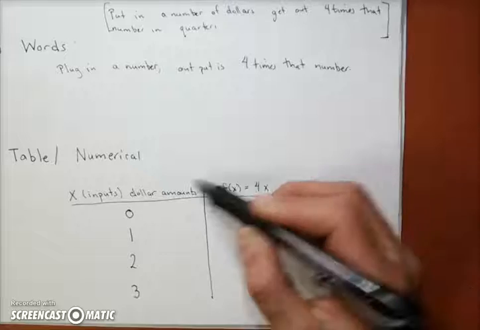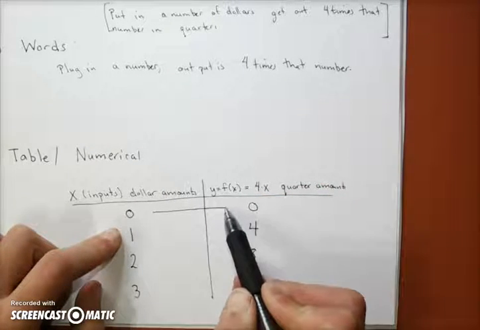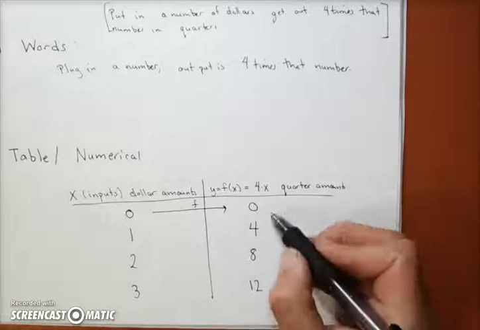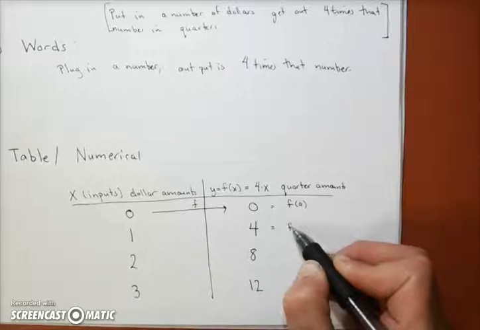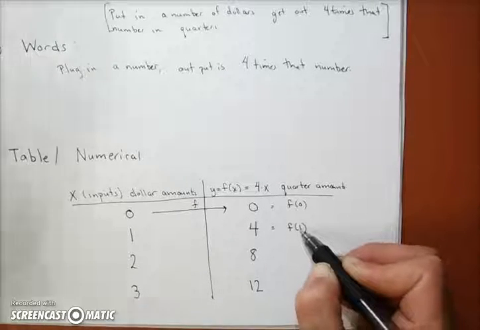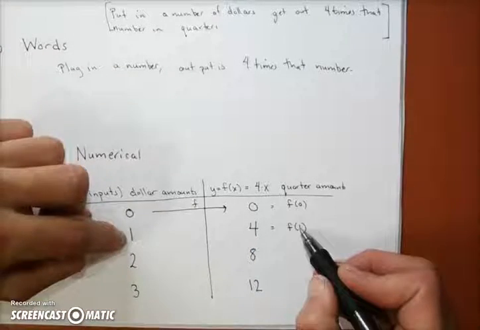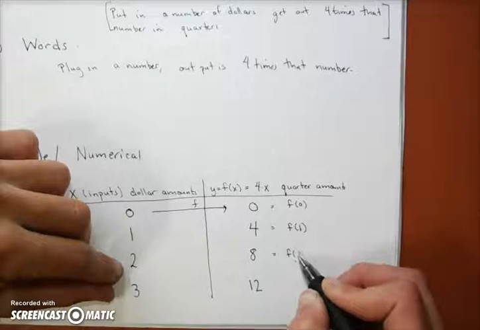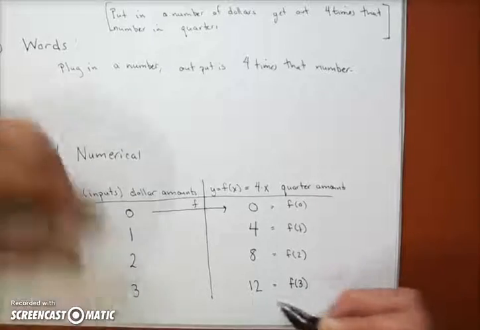The key thing is just realizing that what we do to get from one column to the other is apply this function f. So we can write this as f of 0, and this as f of 1, because we plugged in 1 into f and we got out 4. So if we plug 2 into f, we get out 8. If we plug 3 into f, we get out 12.